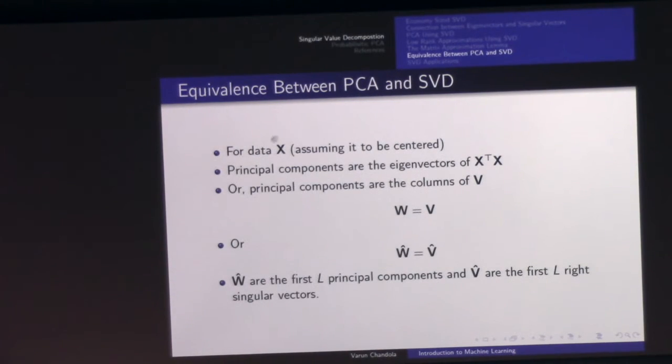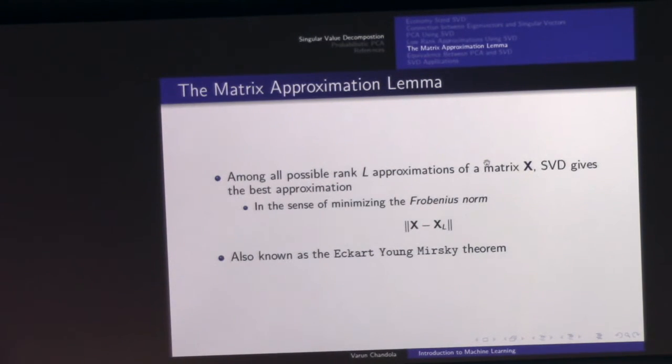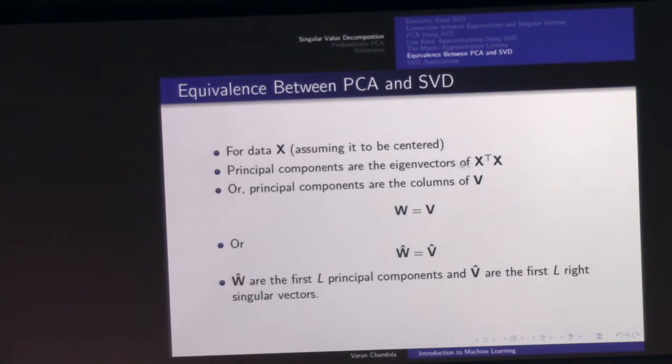So if you have a data matrix X, where each column of X is a data object, then if you want to do principal component analysis, you could do that by computing the covariance matrix and then doing the eigenvalue decomposition of that covariance matrix.